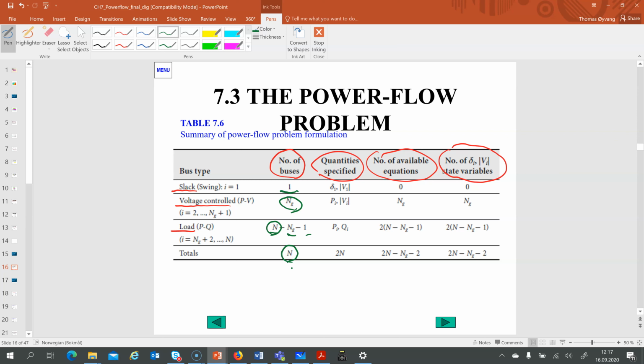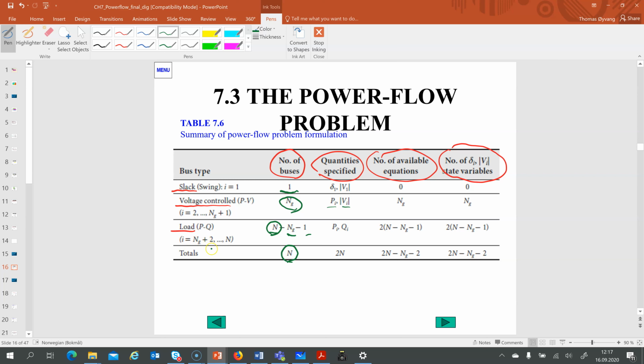So this was the first column. The other column was the specified. On the voltage controlled bus, we have the active power and voltage level specified. So the number of available equations depends, of course, on how many buses we have, and also for the state variables.